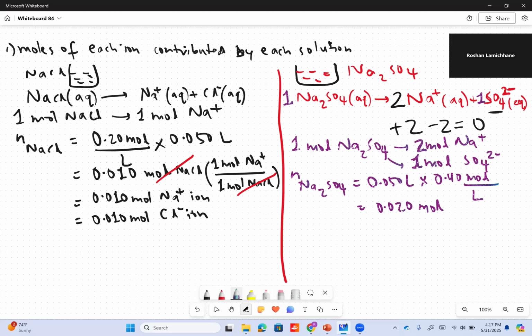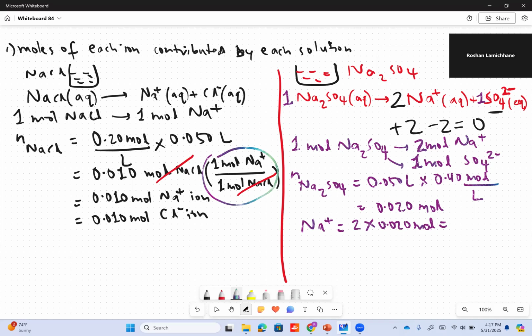If you follow the same tactic that I showed you with sodium chloride, what you're going to find is for Na plus, since 1 mole of Na2SO4 yields 2 mole of Na plus, I can just multiply 2 times 0.020 mole.